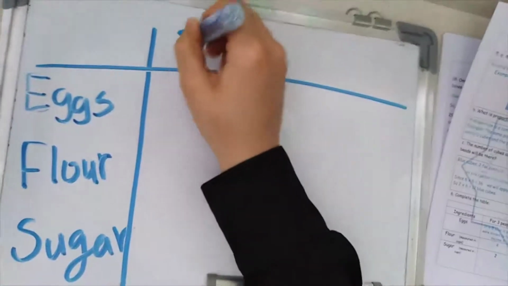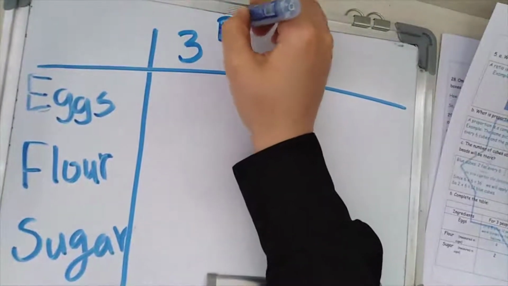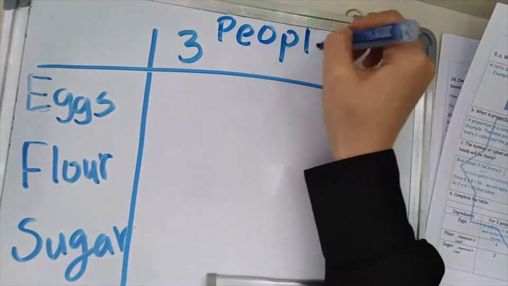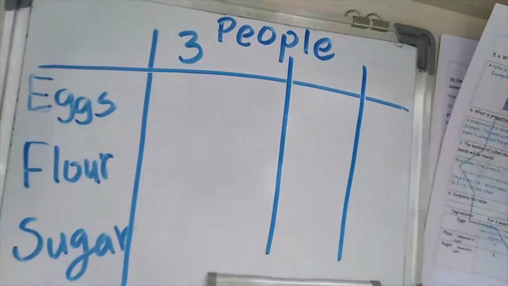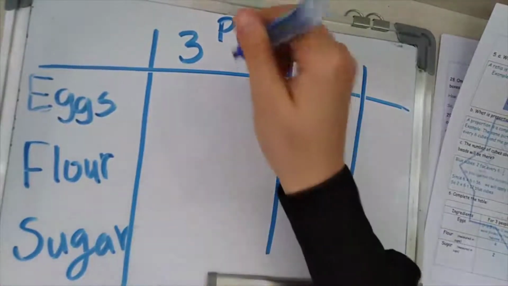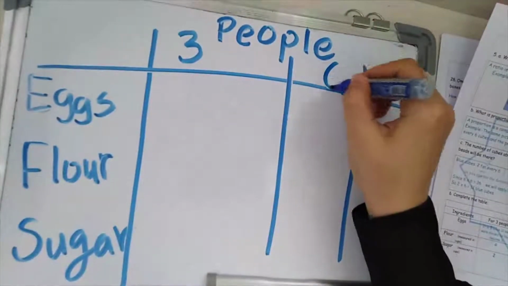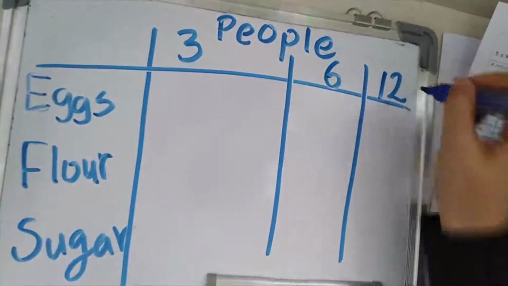I've got 3 people, 6 people, and 12 people. I made this a little bit wider in order to explain.